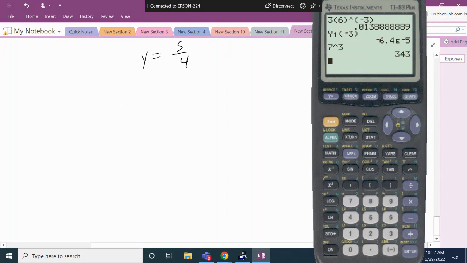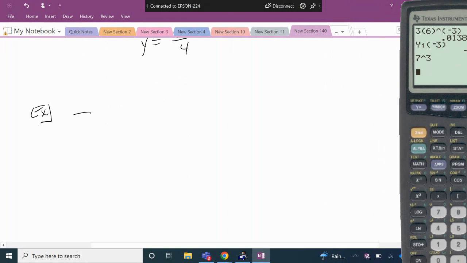All right, and we will take a look at one more. Okay, this is 1/16 raised to the 3a power times 32 is equal to 2 to the 4th power.